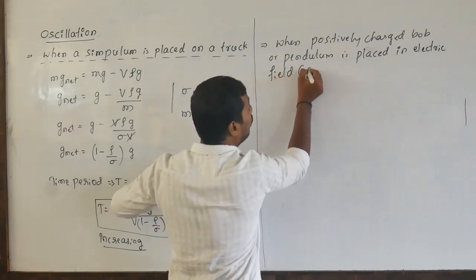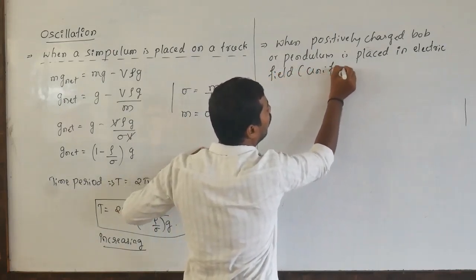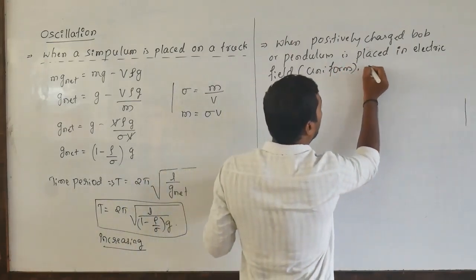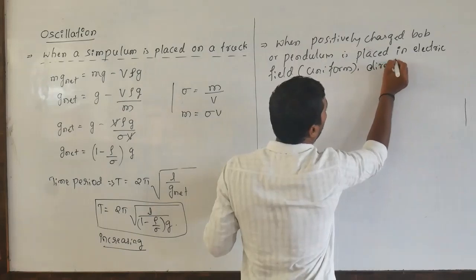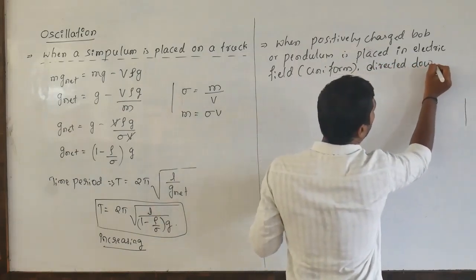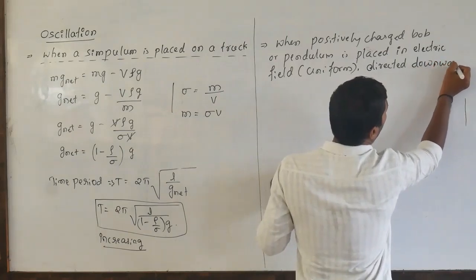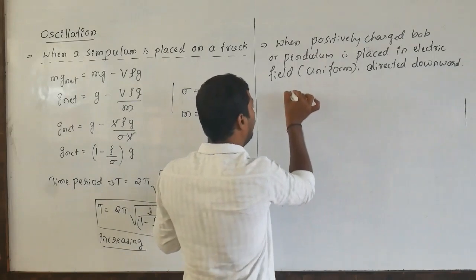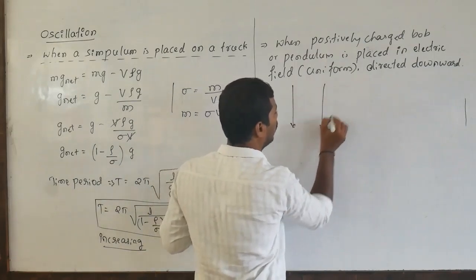That electric field should be a uniform electric field directed downwards. If both are there, it means the electric field is downwards.